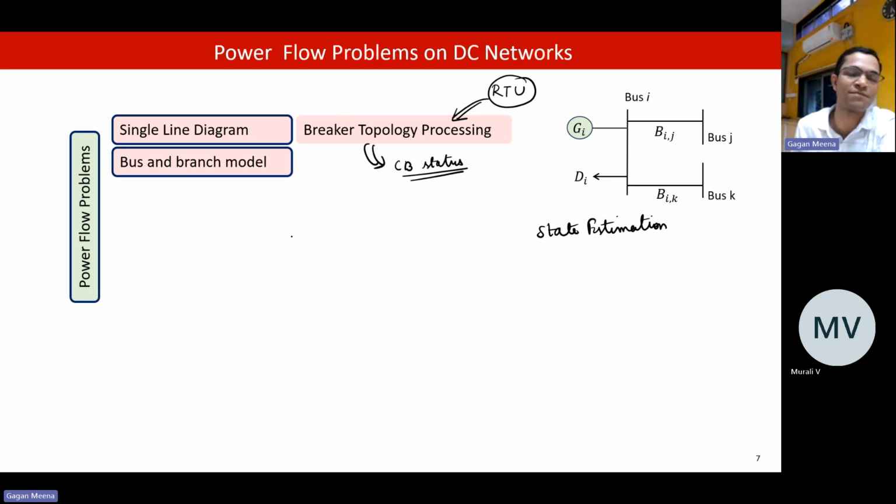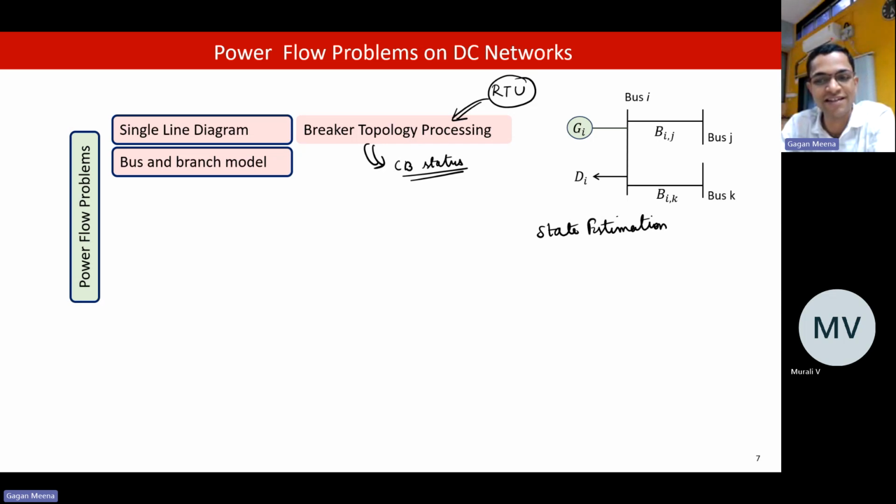Similarly for the distribution system, but there is one major difference between the transmission system and the distribution system, even when we draw the single line diagram. That is very important, and that is the main difference.